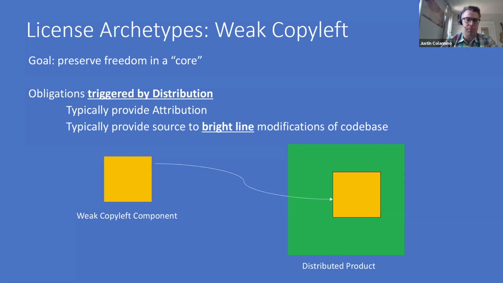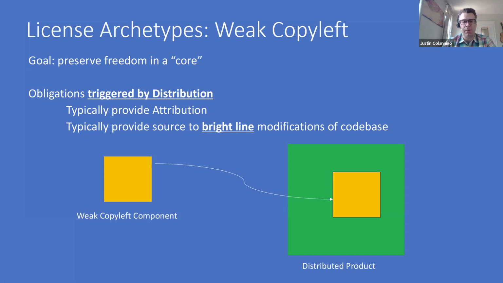The goal when someone puts something under a weak copyleft license, for example a cryptographic library, is to preserve freedom in a core set of functionality. The obligations you undertake when you use something under a weak copyleft license are that you need to provide attribution just like permissive, but you also need to provide source code for some bright line of modifications to the code base.